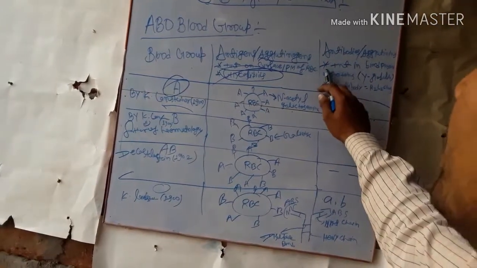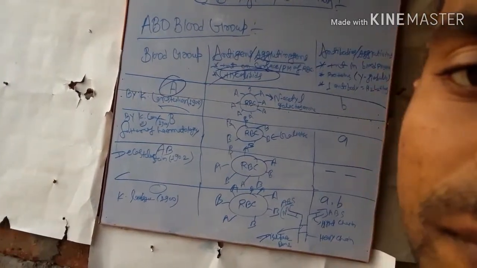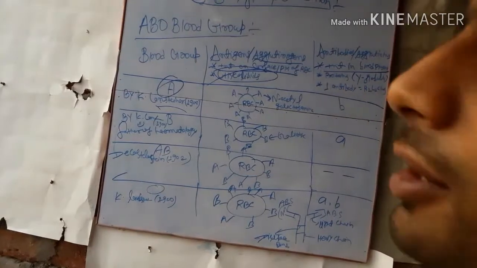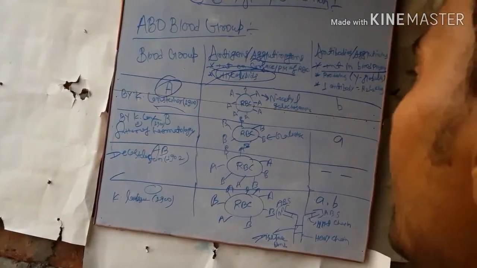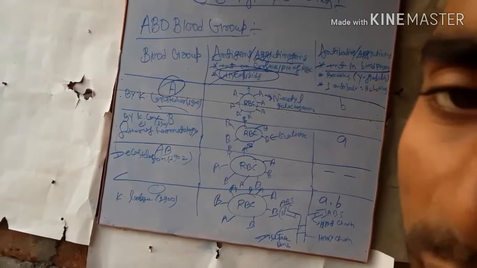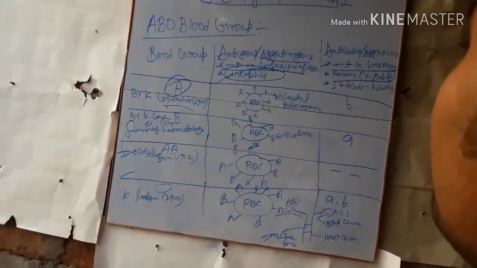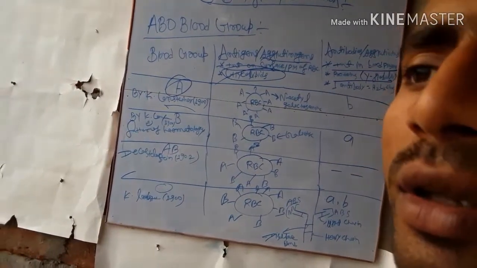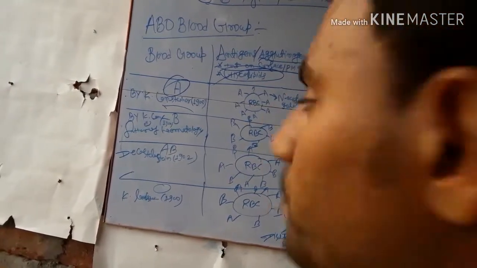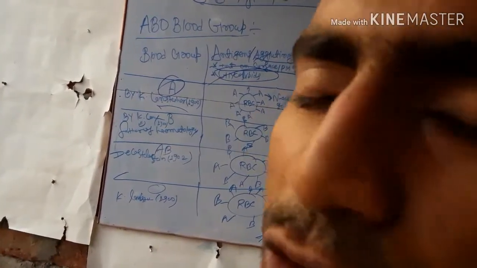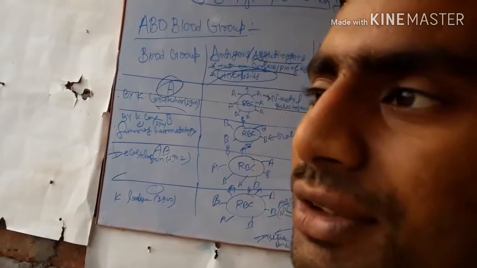What are antibodies, or agglutinins? Antibodies are present in blood plasma. Antibodies are proteins, gamma globulins, and one antibody equals H2L2 chains.